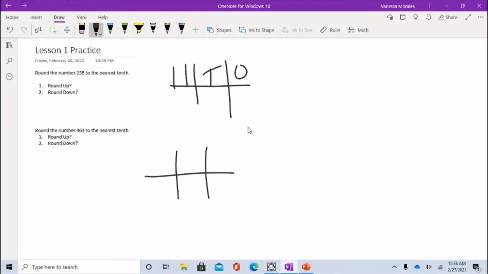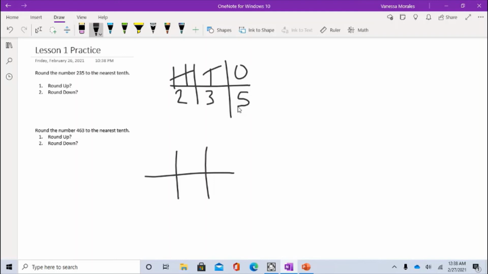So for our first example, boys and girls, we have the number 235. So we can go ahead and place it in our chart. So 2 goes in the hundreds, 3 goes in the tens, and 5 goes in the ones. So remember, boys and girls, for this lesson, we're not going to worry about finding the answer. We're going to worry about if we're going to have to round up or if we're going to have to round down.